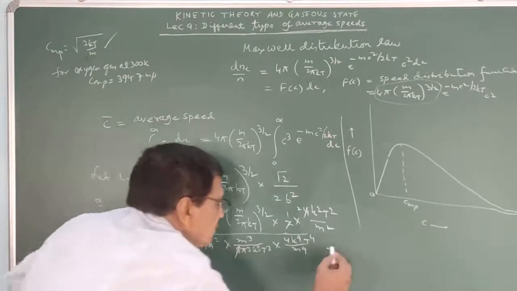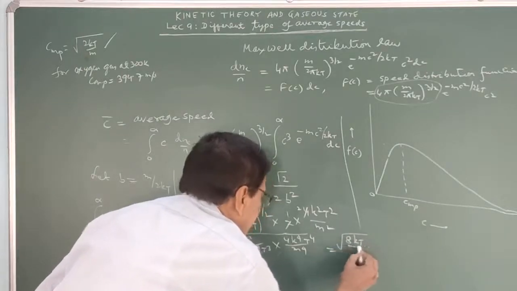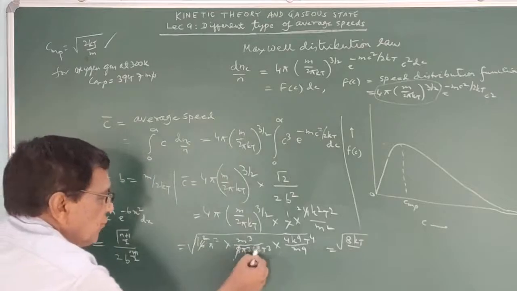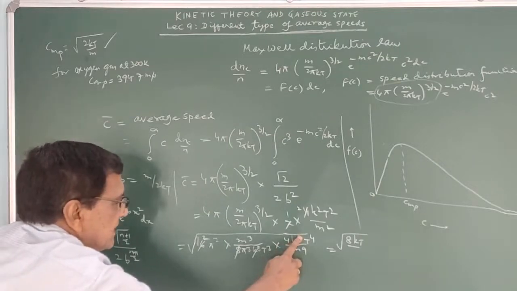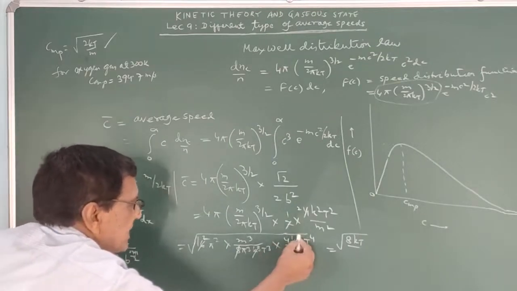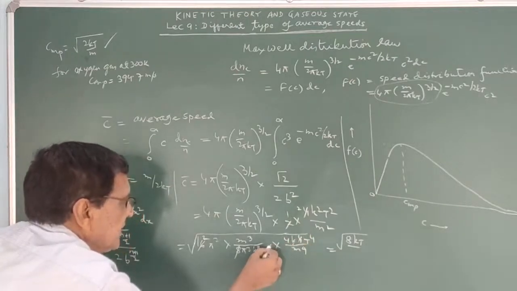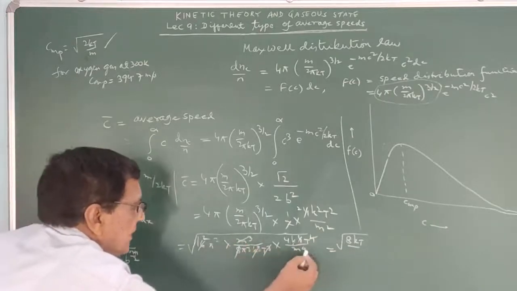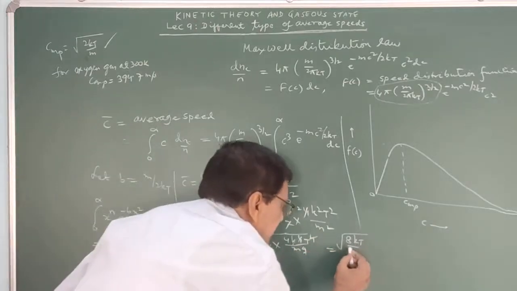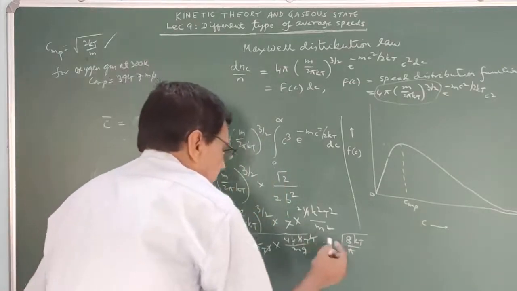So it will be root over of 8kT. The k to the power 4 cancels with k cube, only 1 k is there, and T cube, only T is there, here only m, so 8kT by pi m.